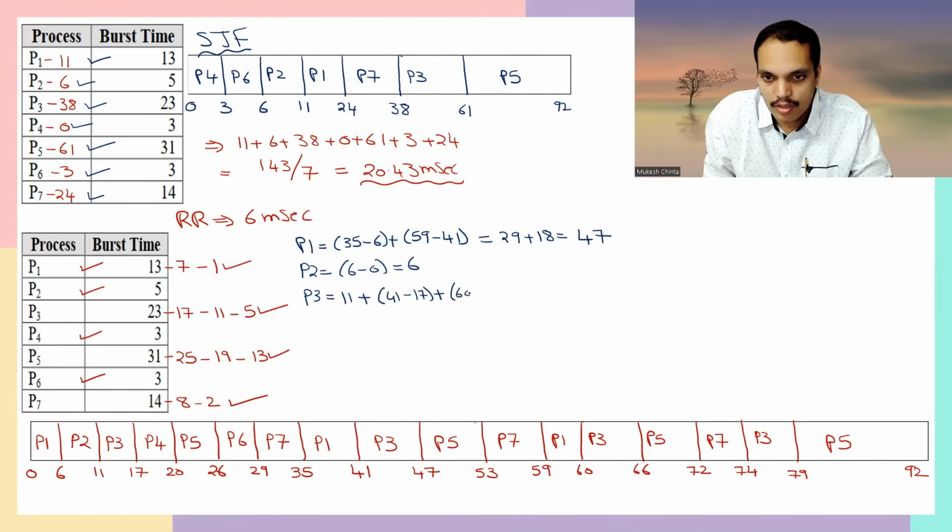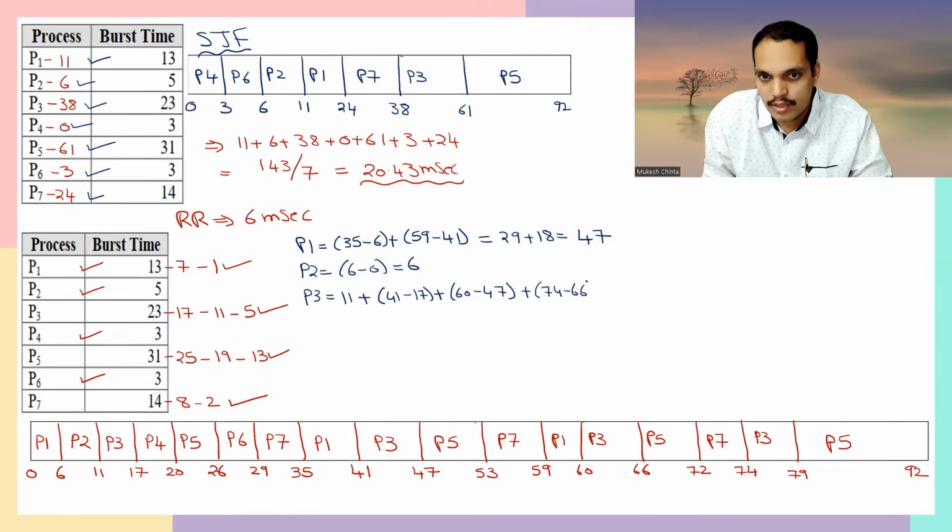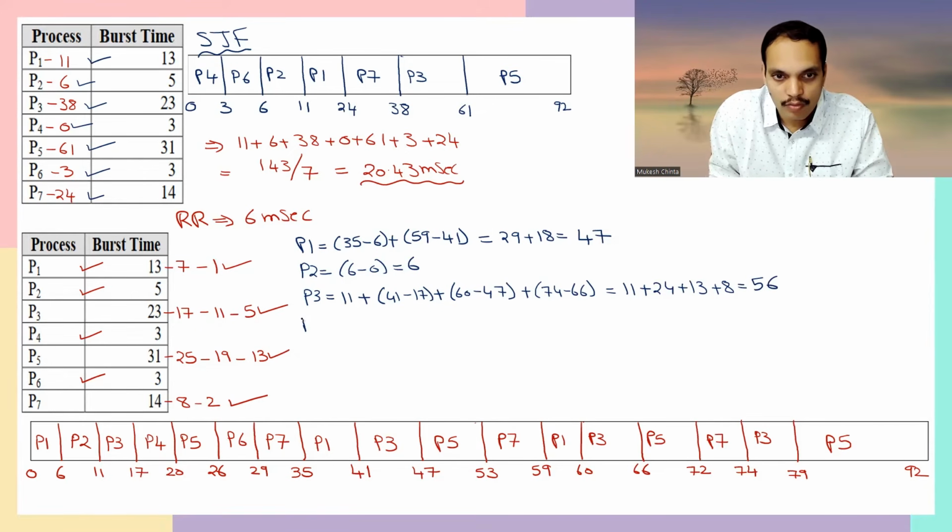So 60 minus 47, right? Plus, it still did not complete its execution here. It went out at 66 and re-entered at 74. So 74 minus 66, which is nothing but 11 plus 24 plus 13 plus 8, which is equal to 56.